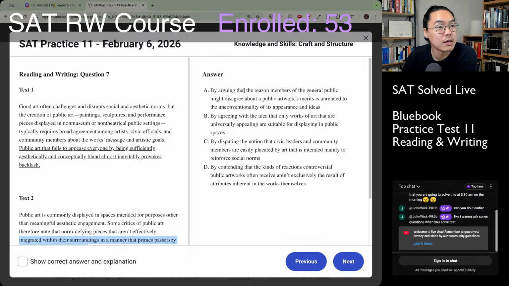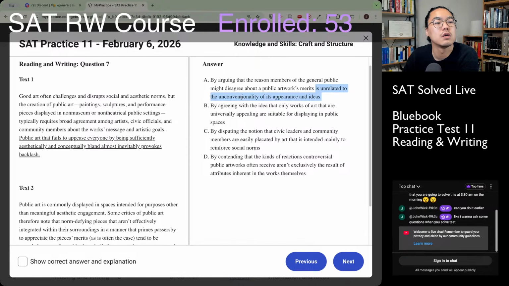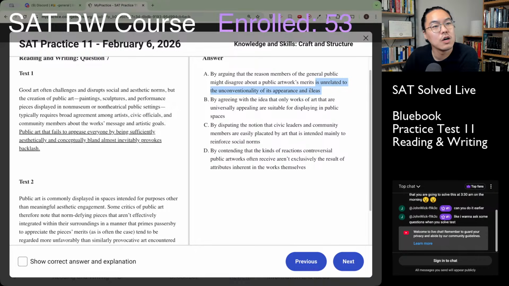By arguing that the reason they might disagree is unrelated to the unconventional. Oh, I chose A, and A, unrelated, is too extreme. And it's also not exactly what text 2 is saying.